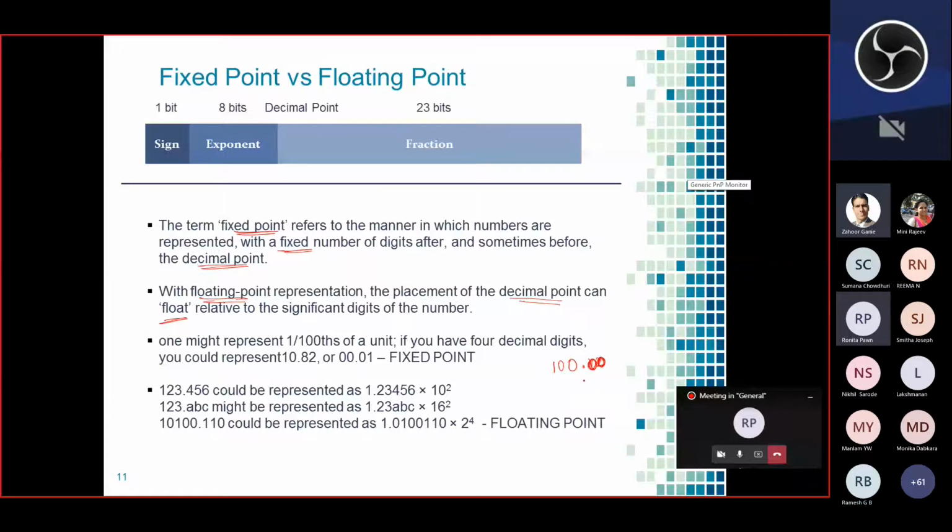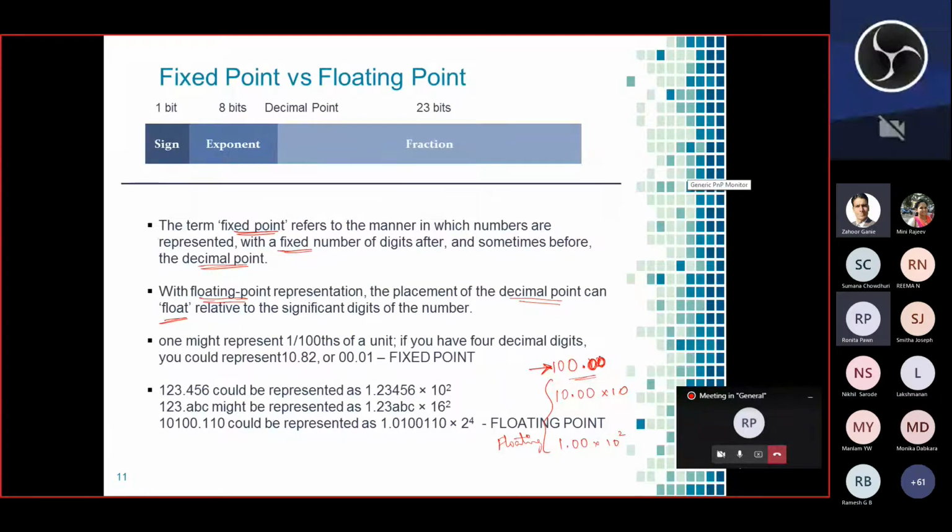You can represent this number as 100.00, that's it. You cannot represent it in any other way. Whereas in a floating point processor, you can represent this 100 as 10.00 into 10, or 1.00 into 10 squared. I think now you understood. This is fixed point, and these two representations are floating point.